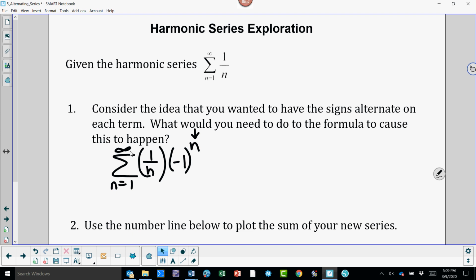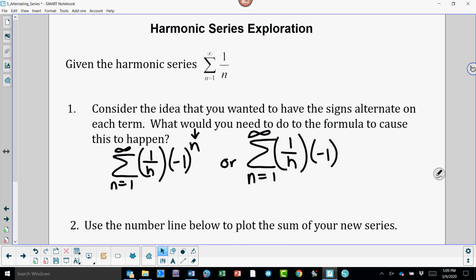Since that's an even power, that's +1, so it would be positive, and so on. That one would start negative. If I didn't want to start negative, I could do -1 to the n minus 1 or the n plus 1. It doesn't matter. Then I'm going to start off with a positive value.